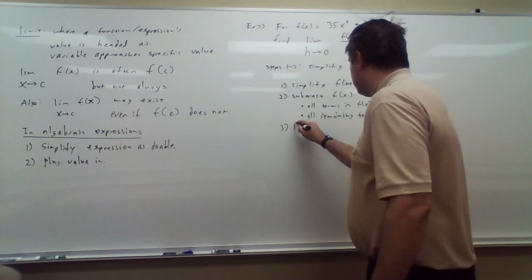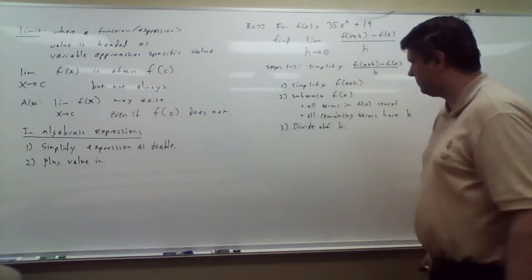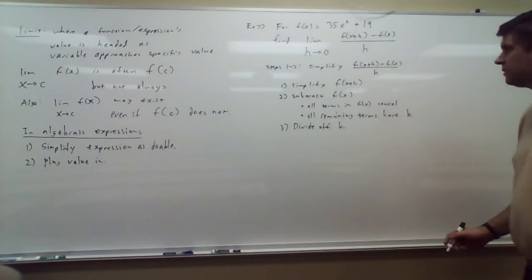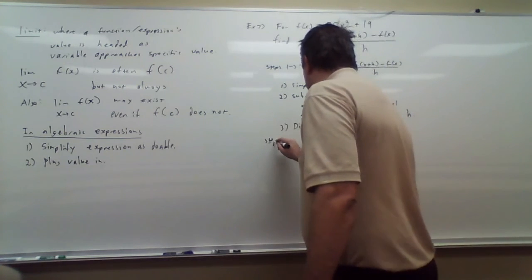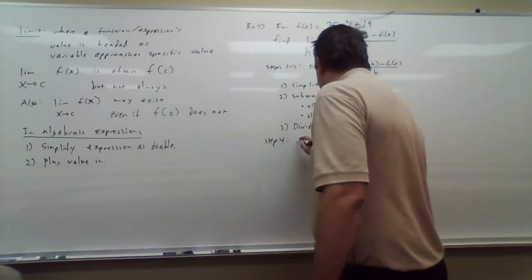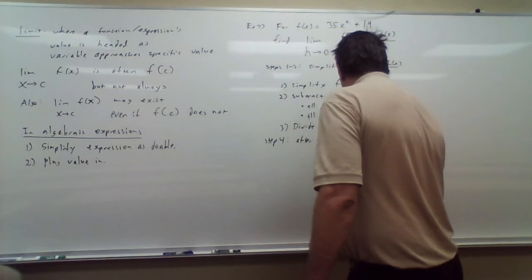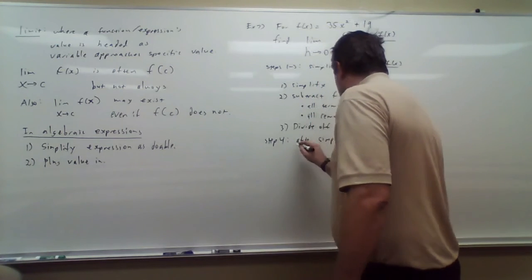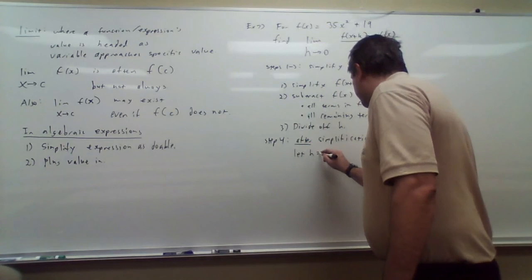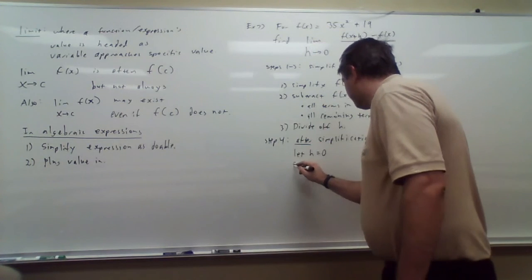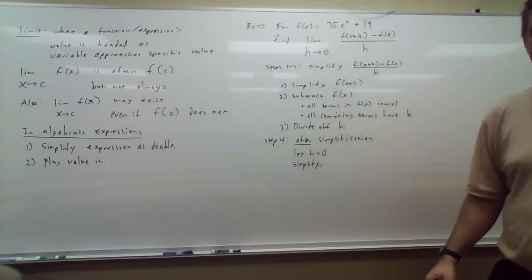3, divide off the h. Okay? And then step 4. After simplification, let h equal 0 and simplify. All right.